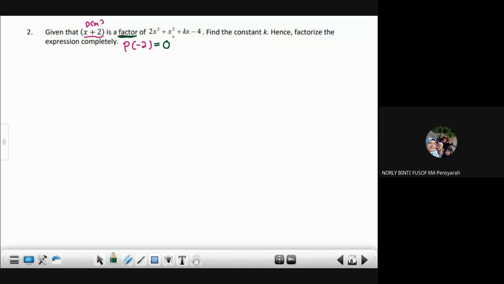And then this is your polynomial. So you pun tulis polynomial you, 2x kuasa 3 plus x squared plus kx minus 4. Okay, find the constant k ni yang pertama. Then hence factorize the expression completely, itu yang kedua lah. So kita pun guna factor theorem tu, iaitu remainder dia kosong.